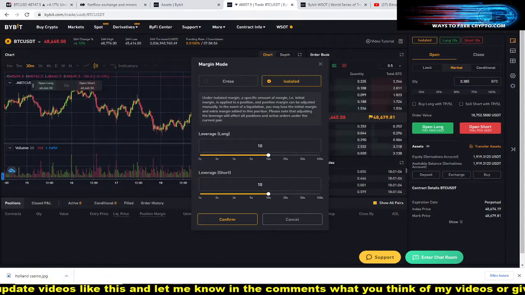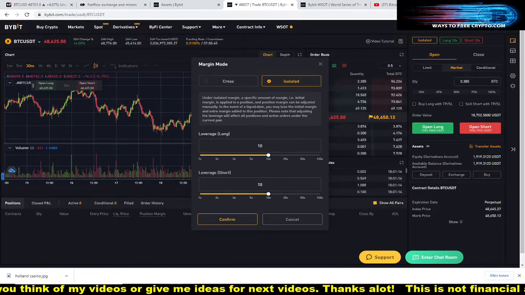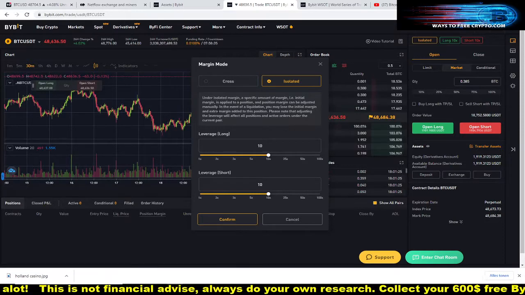That means that if I put an order 10x long for 100 US dollar, and the price of Bitcoin goes up 10%, my long will have made 100% because my leverage is 10. And that also means that I double my money.